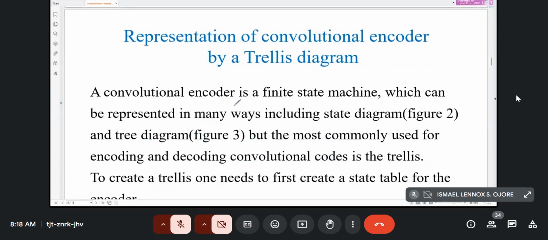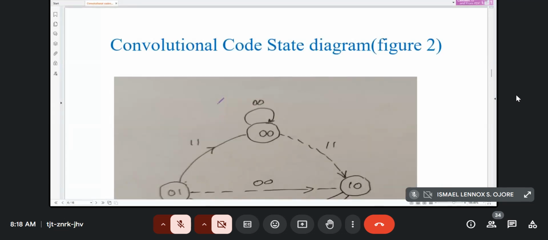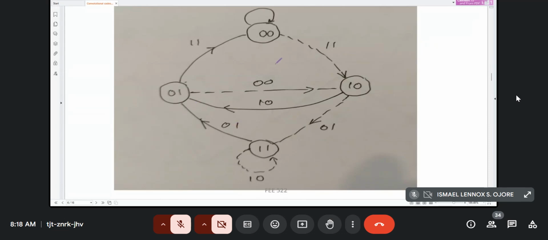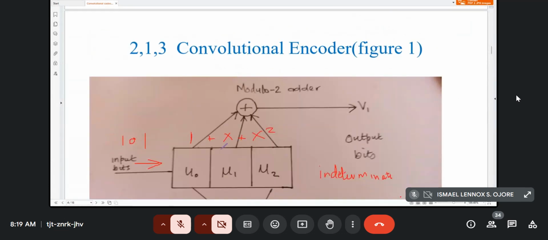So you can represent it as a state diagram. We consider these two bits. Whenever you put in a bit, the other 2 bits determine the output, but they are kind of just memory.